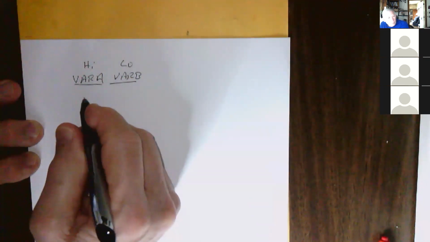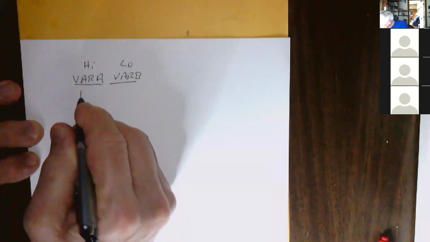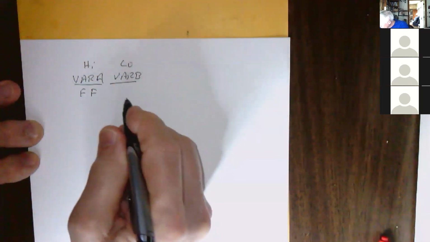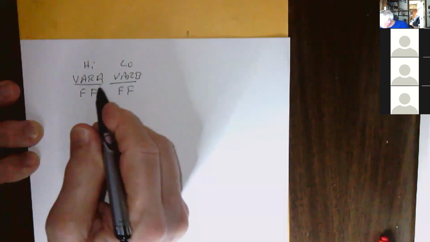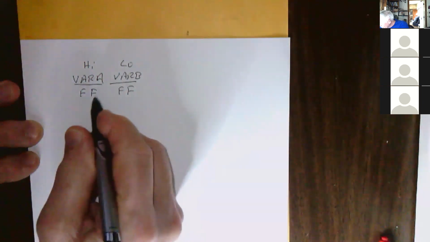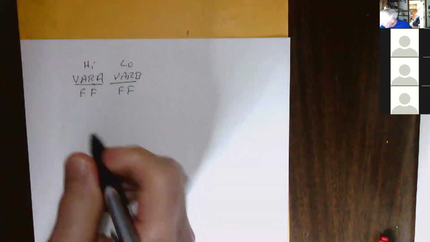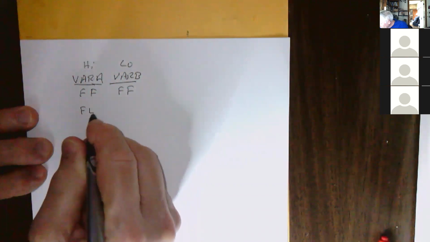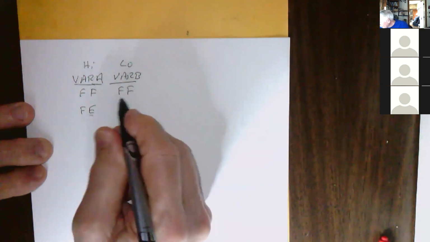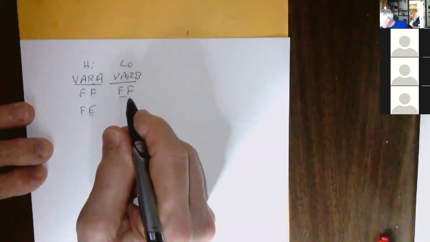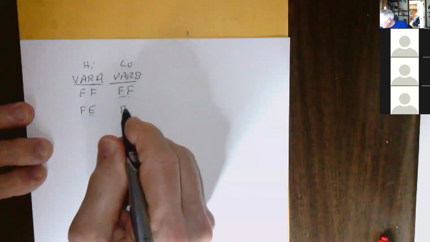And what we're going to do is write FF into here and FF into here. And the first thing we're going to do is decrement this one by 1 to give us FE. We'll check to see if it's 0. If it's not 0, then we're going to decrement this once to FE.